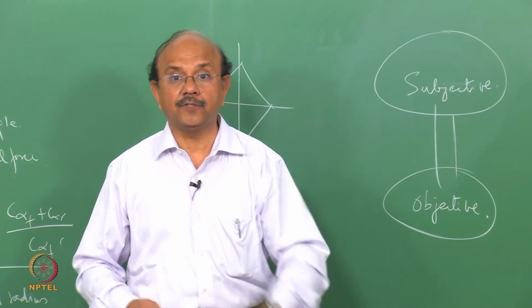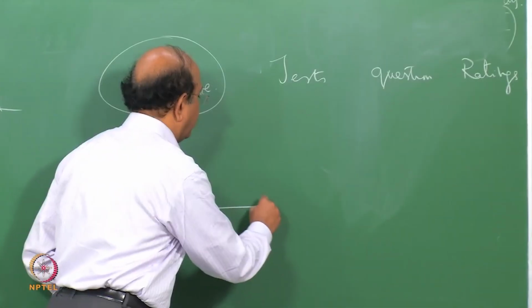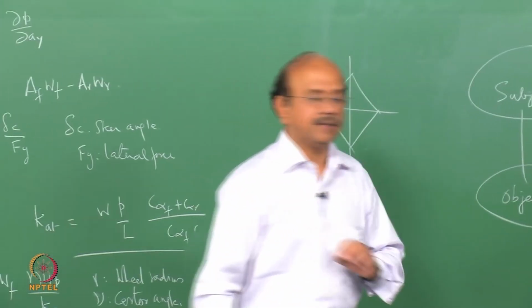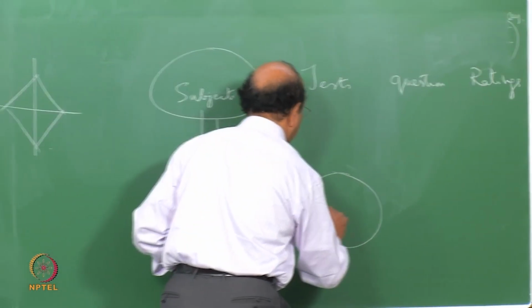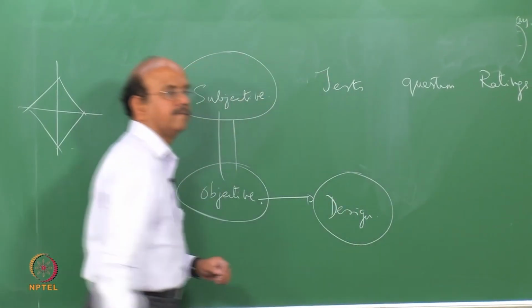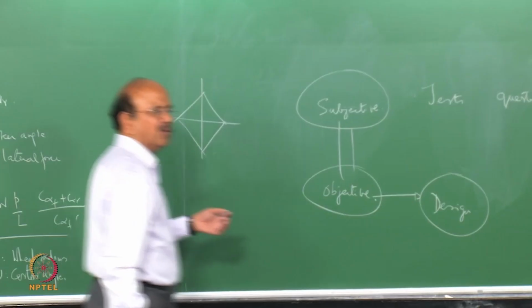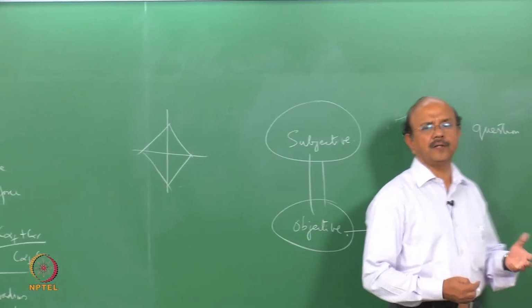Then the third step, which is important, is that this objective evaluation is correlated with the design. Now what should I change? If yaw damping is not good, what is having an effect on yaw damping?